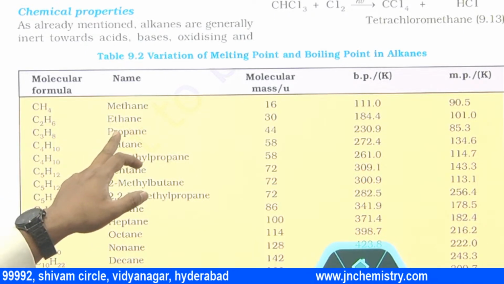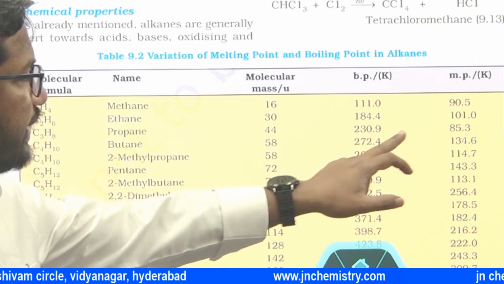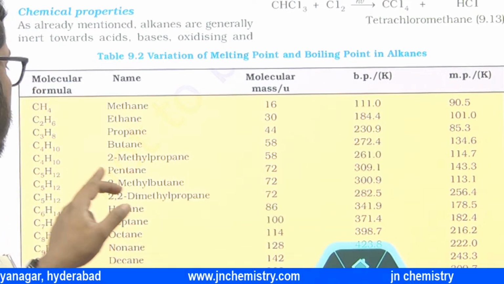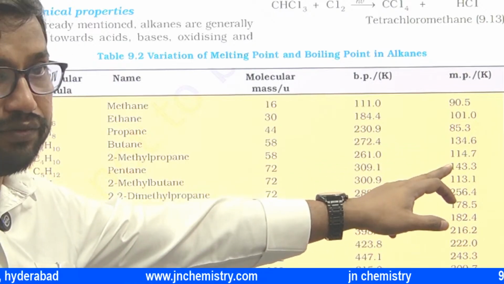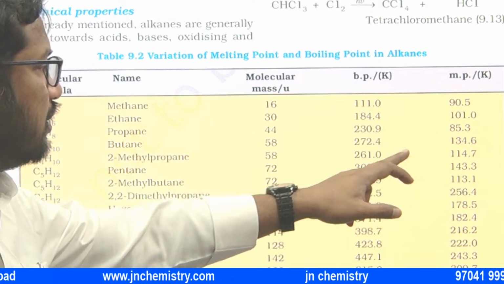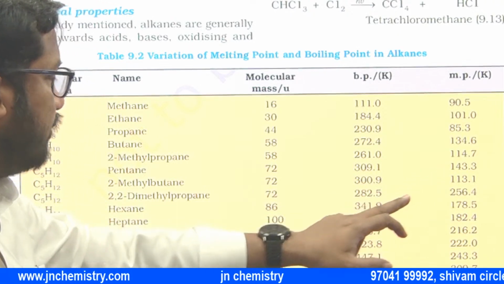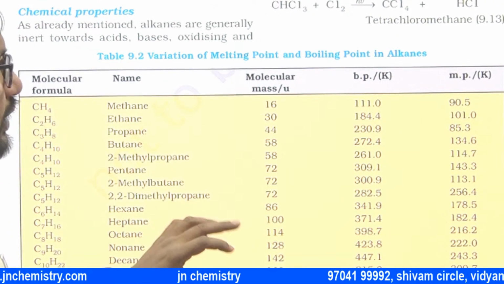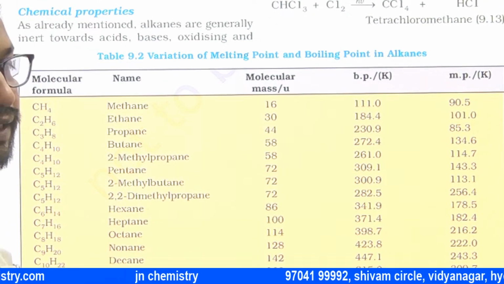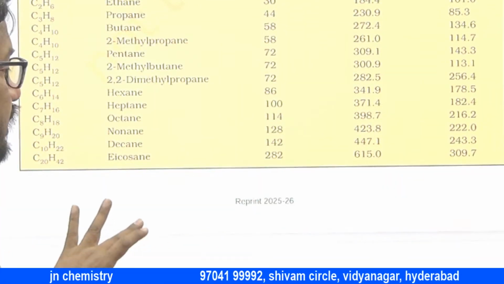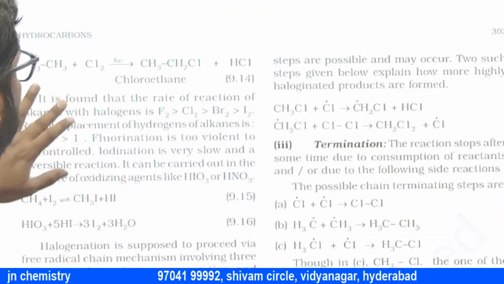For example, propane is 85, the odd number, whereas in case of butane 134, it's increased. Whereas in case of pentane 143, so it keeps on changing if the branching and everything is coming. So no need to memorize the values, we need to understand the trend.